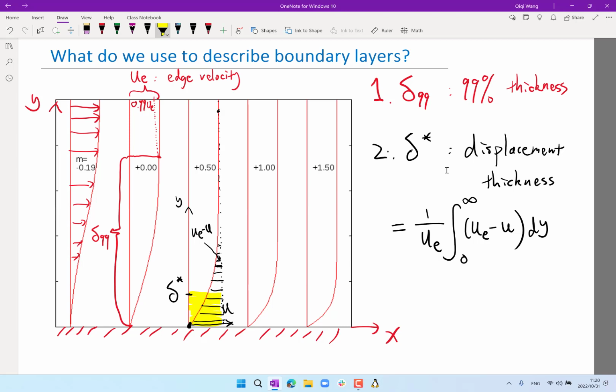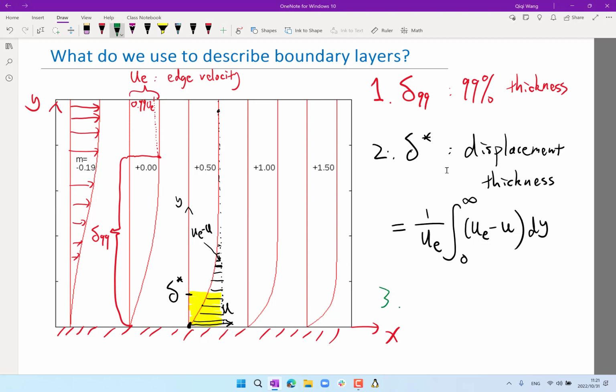So delta star is called the displacement thickness. It is a thickness by which you are displacing the flow in the inviscid region. Okay, so that's the displacement thickness.